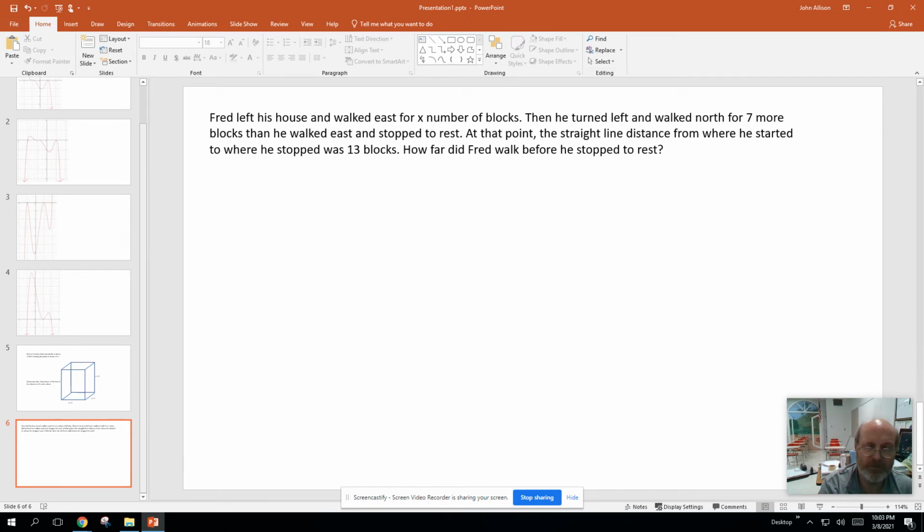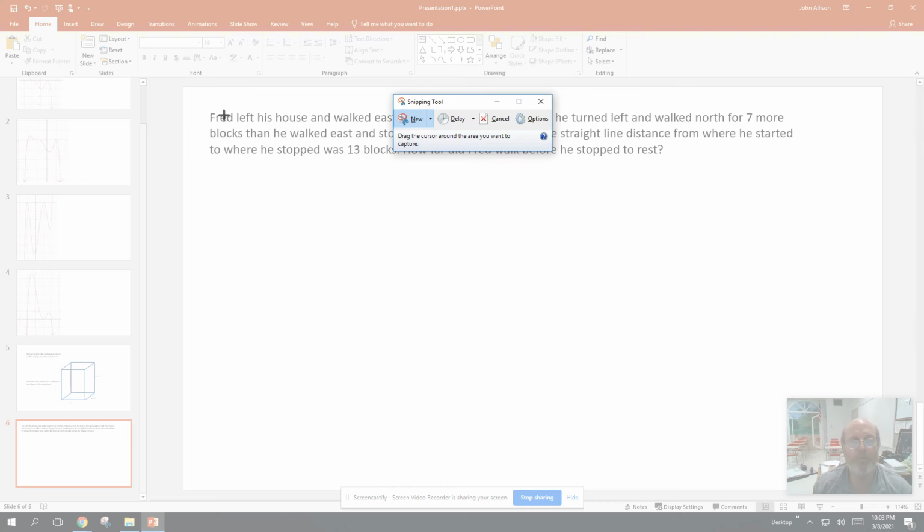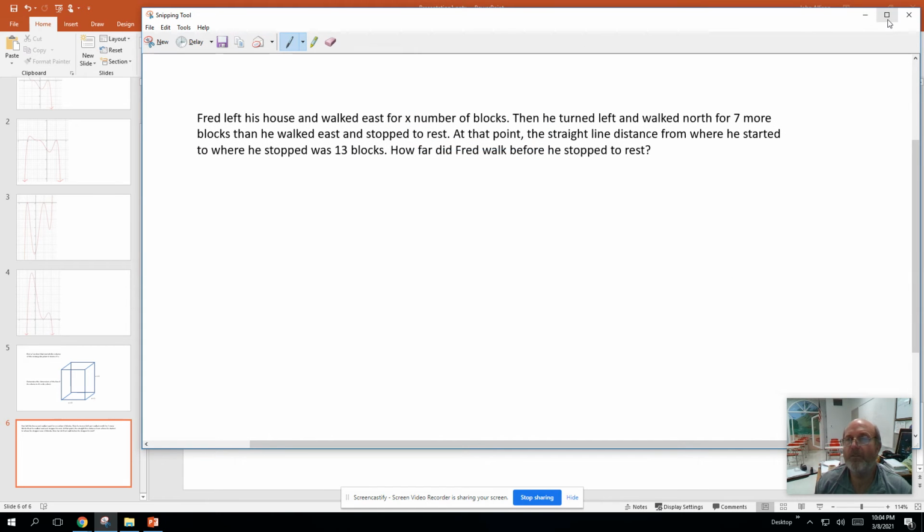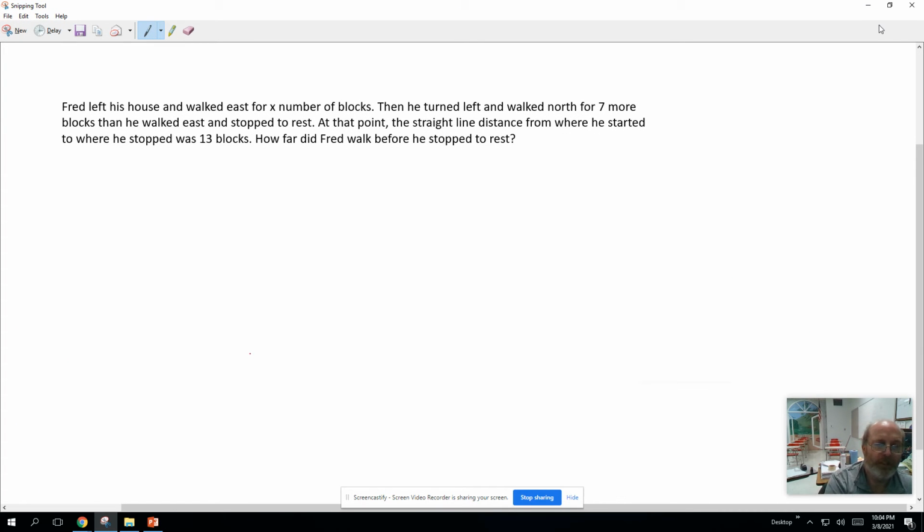So if Fred left his house and walked x blocks east, and then he turned left and walked x plus 7 blocks north and stopped to rest, then the straight line distance from where he started to where he stopped was 13 blocks. So this distance is 13.